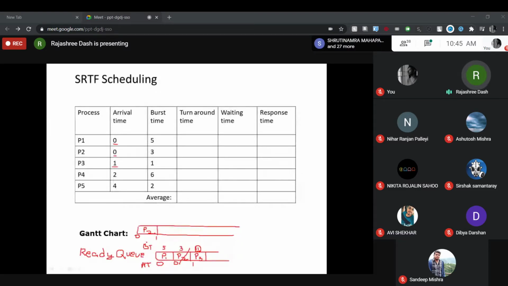It needs a total of 3 milliseconds to complete its execution. So the remaining burst time for P2 is 2.